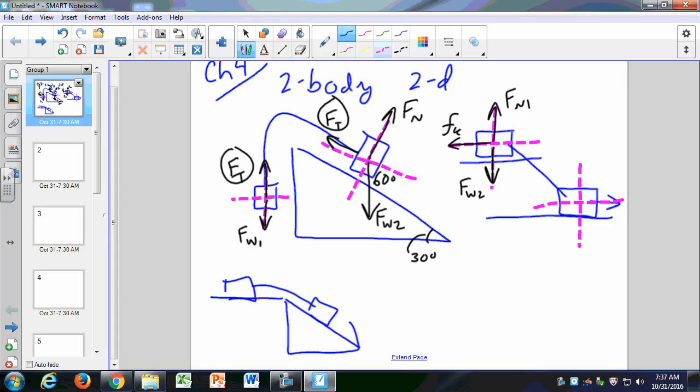Let's call it Fk. It's going to oppose the direction of motion. We had this force, F. You have this force, Fw2, and then Fn2. And then you have a tension force. So you have a tension here, and you have a tension here. This angle would equal this angle, and that was given on the exam. I'll just say its value is theta.